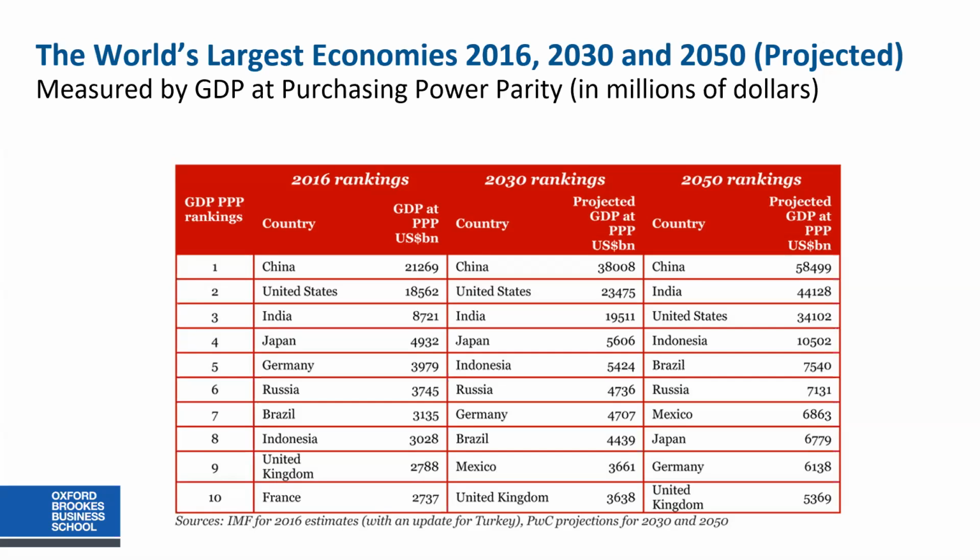So here, from this table, you can discuss that China, for example, has the largest economy in the world, and it's expected to stay leading the economy in both 2030 and 2050. However, India is projected to be second, overtaking the US in 2050.